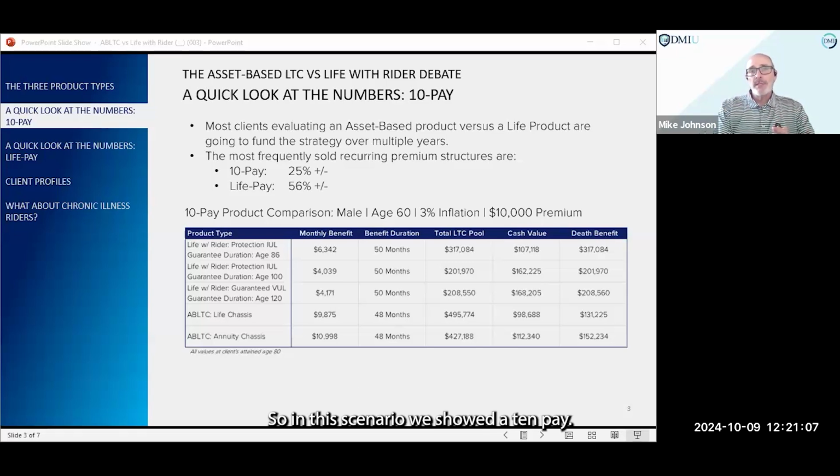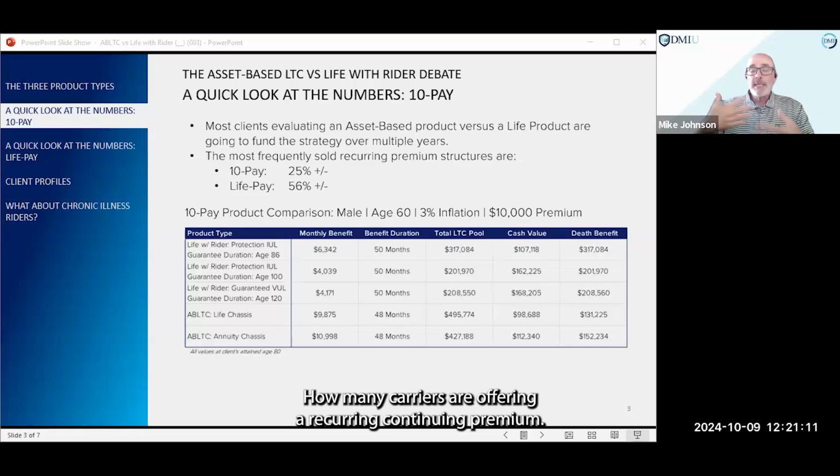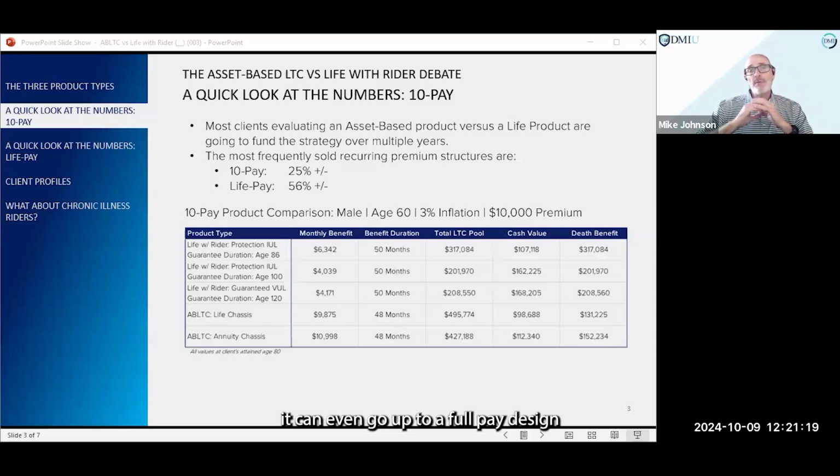In this scenario, we've showed a 10-pay. Now, many carriers are offering a recurring continuing premium. In some cases, it can be a 5-pay, a 7-pay, a 10-pay, a 20-pay, or it can even go up to a full pay design where premiums can stretch out to age 100.